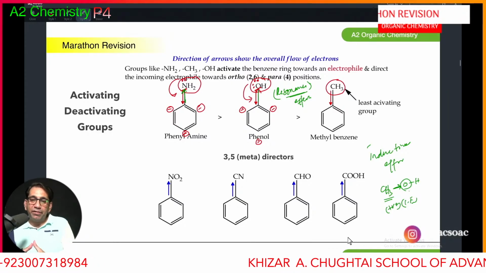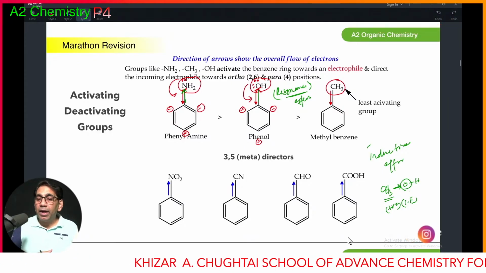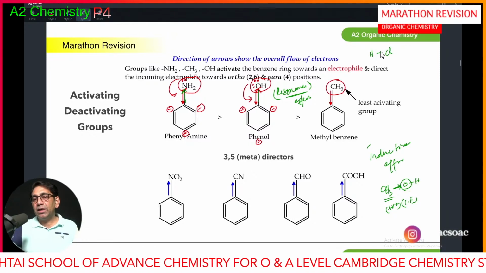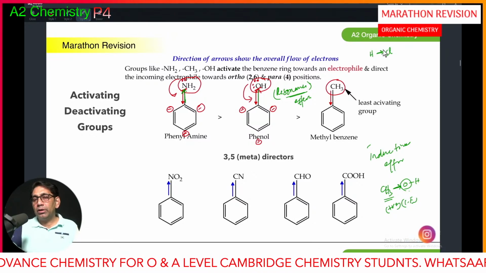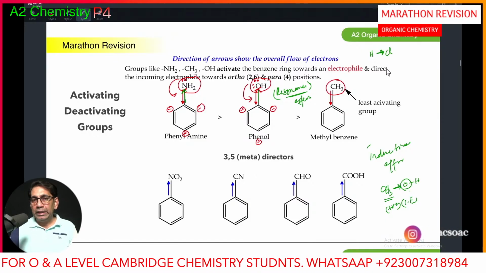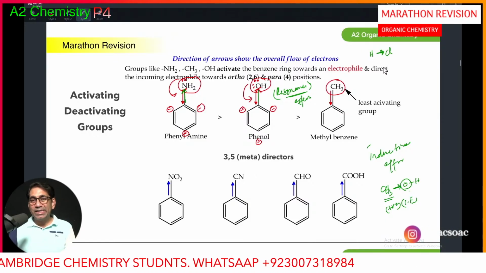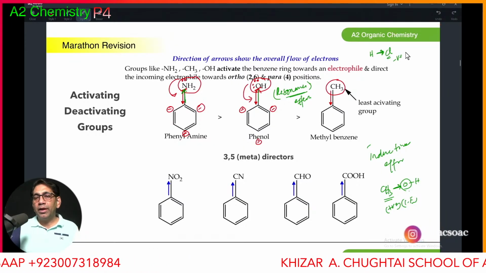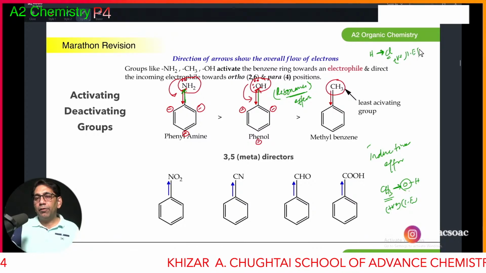But what is the negative inductive effect? Like in case of HCl, in this molecule of HCl, Cl is snatching the bonding electrons toward itself. So Cl is snatching electrons through the sigma bond to itself. So it is showing negative inductive effect.